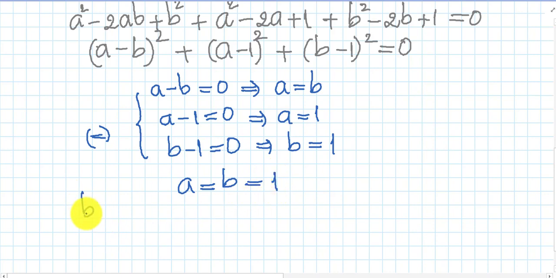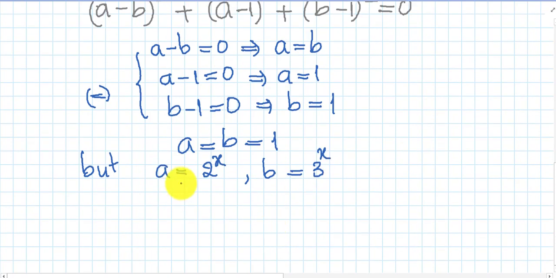But we let a equal 2 power x and b equal 3 power x. So we get 2 power x equal 3 power x equal 1.